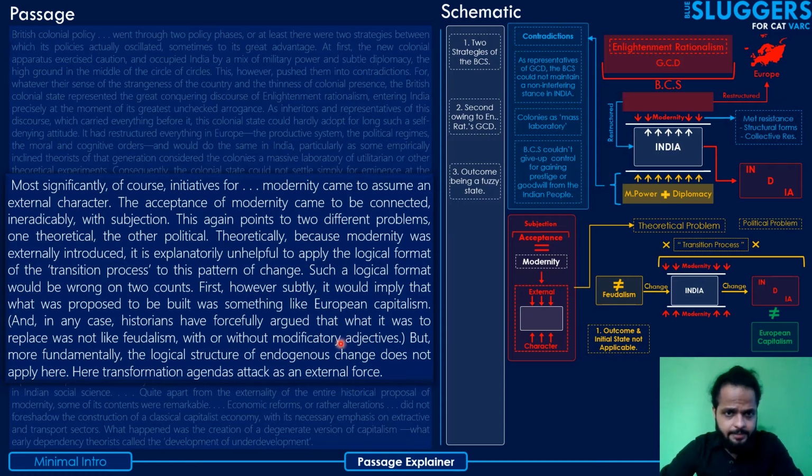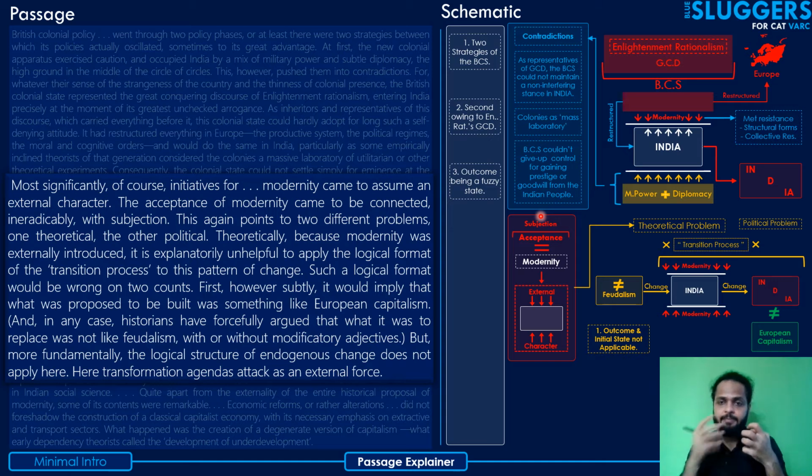Coming to the next part, but more fundamentally, he talks about the second point, why this is not applicable here, and that's the more fundamental point. He believes the logical structure of endogenous change does not apply here. Endogenous change, guys, is change that happens from inside, without any kind of external force being in the picture.